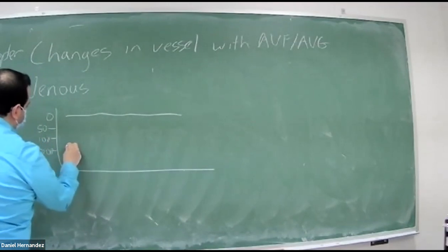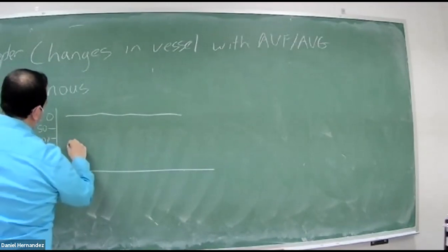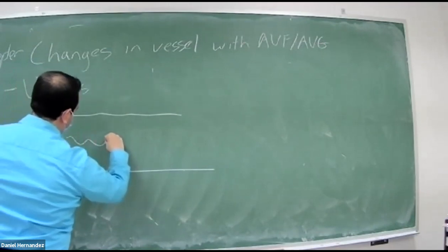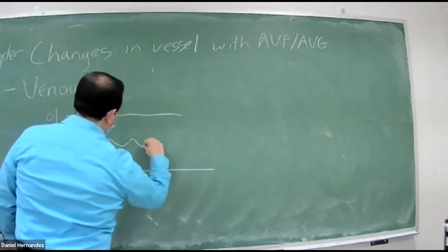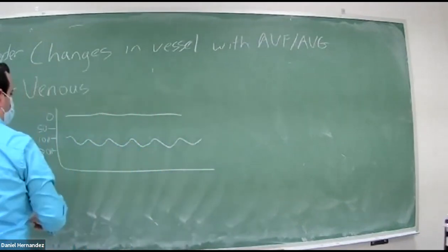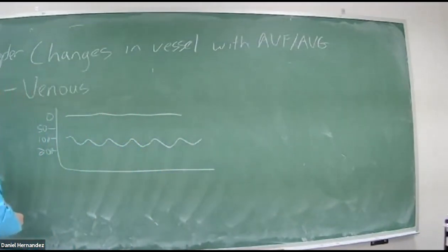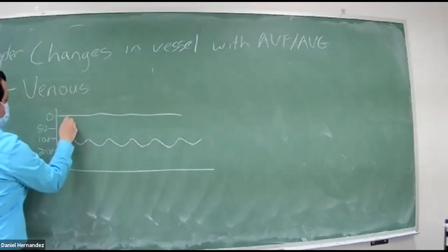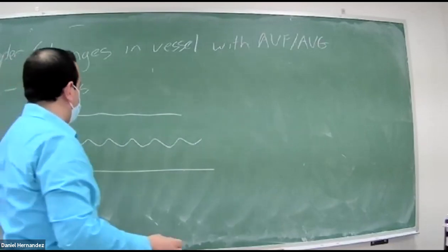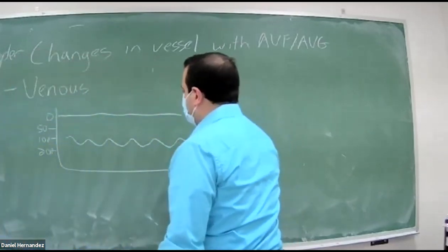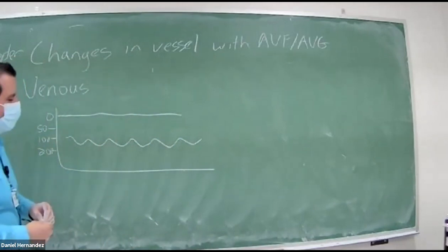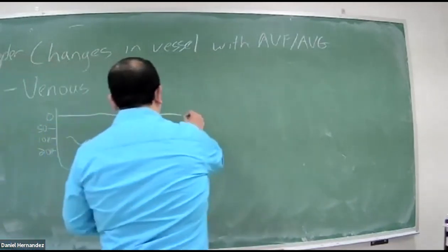Now we're going to notice with our venous blood flow, we're going to have increased velocities. We'll have velocities like 100, 200 potentially within that vein. And we're also going to notice now pulsatility to it. So it's going to almost take on some arterial features.